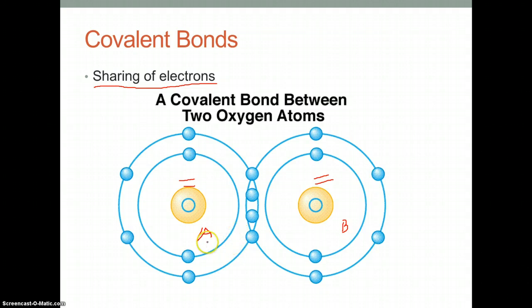A gives 2 electrons to B and B gives 2 electrons to A, and this forms a bond in which the 2 oxygen atoms join together with 4 electrons in the middle. So now both of these have 8 electrons.